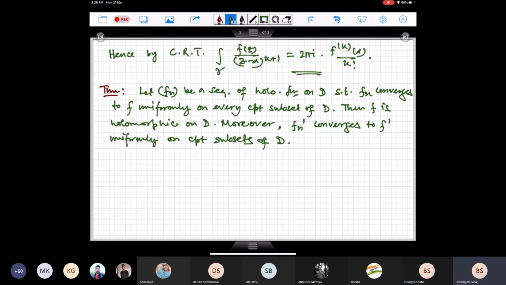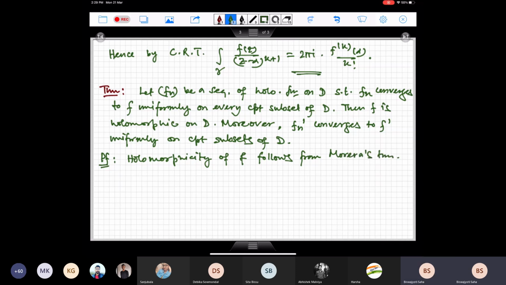This is precisely what I would like to show, and of course for the proof, holomorphicity of F follows from Morera's theorem. So I'm more interested in the uniform convergence of the derivative.